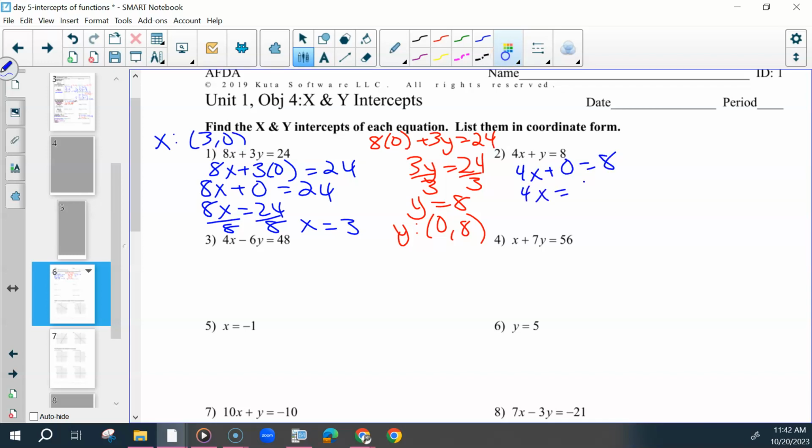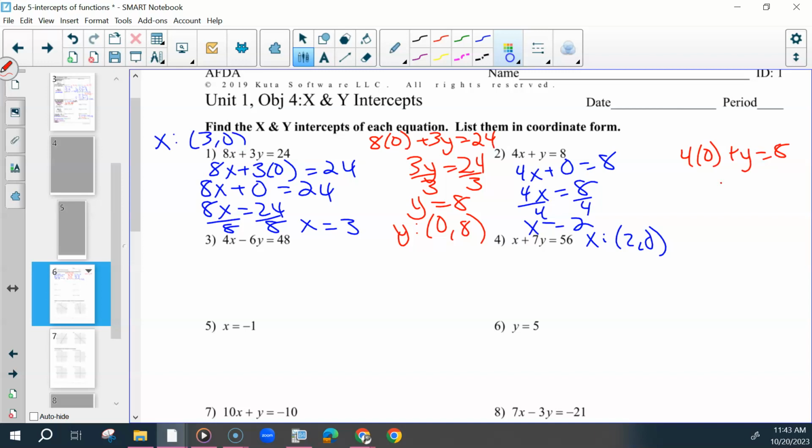We have 4x equals 8. Divide both sides by 4, so that x equals 2. But when we go to do this for y, and we put the 0 in, that just goes away.